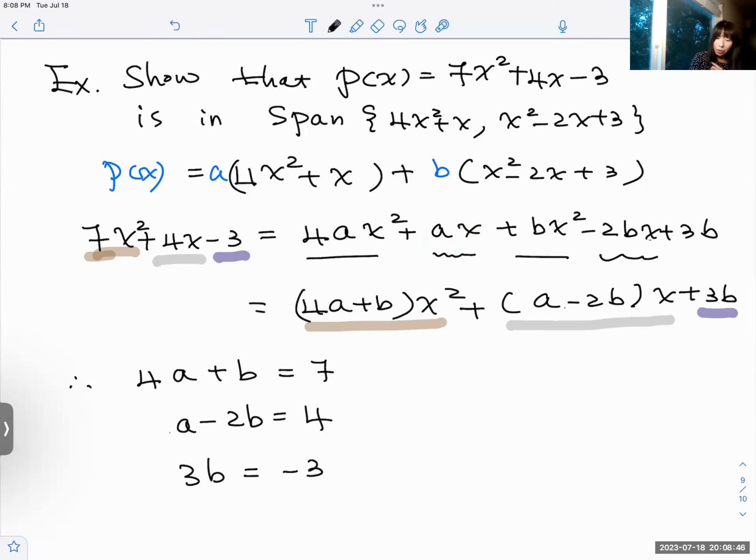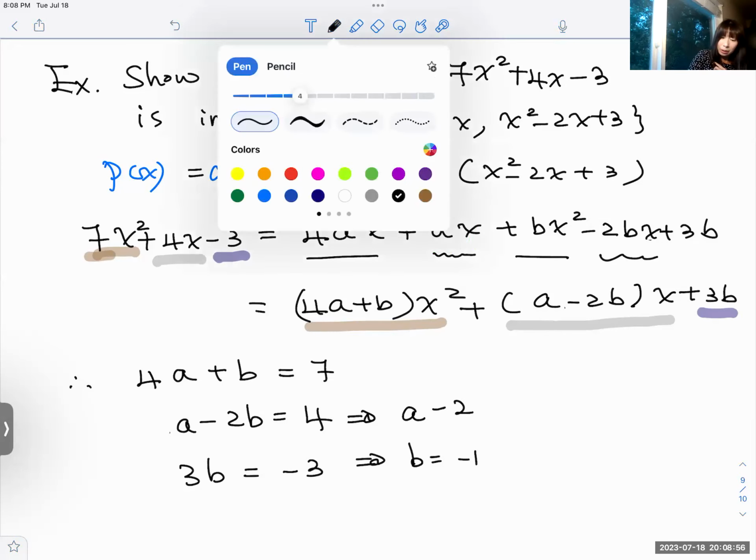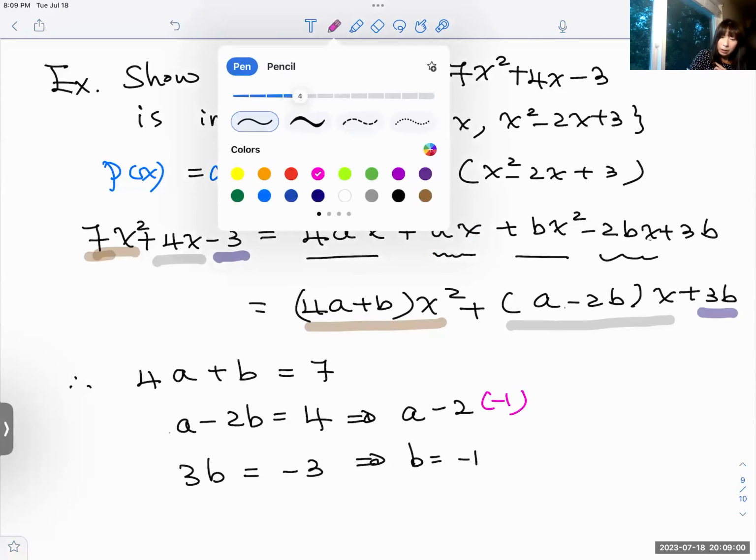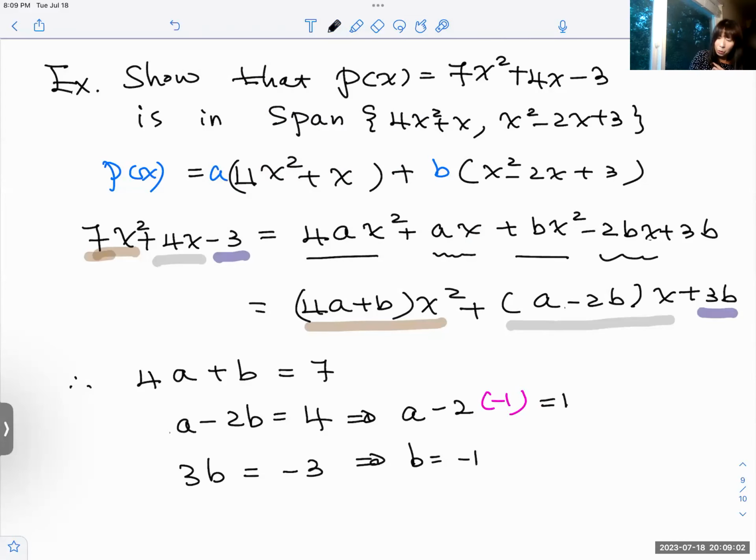Okay, now we have b equal to -1. Then we substitute here: a minus 2 times -1 equal to 4. So a equal to 2. Okay, good.